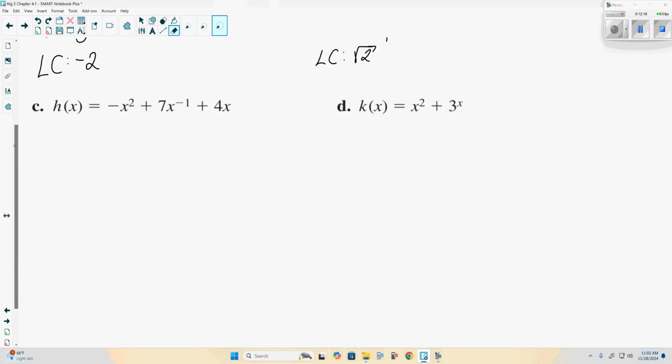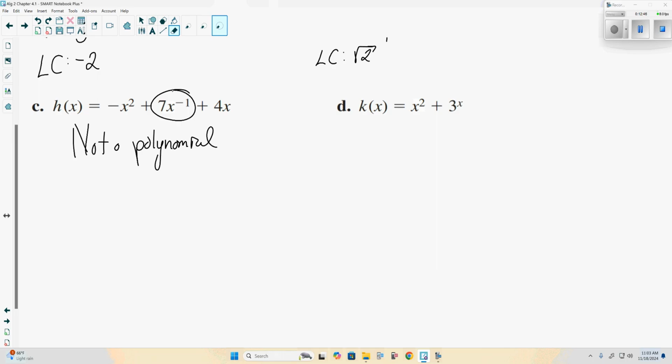C, negative x squared plus 7x to the negative 1 plus 4x. Is this a polynomial function? Not a polynomial because of our x to the negative 1. We cannot have a negative in the exponent attached to a variable. So that's out. And that's all we have to do.